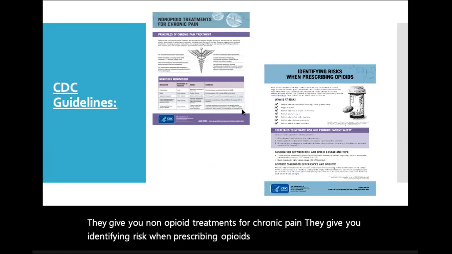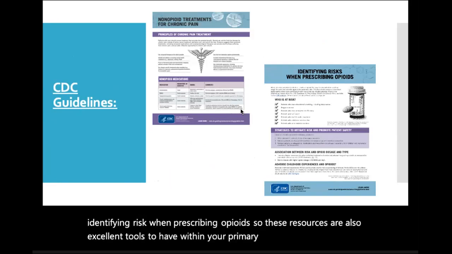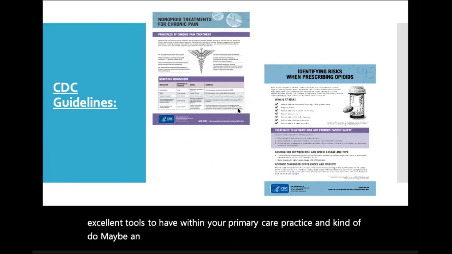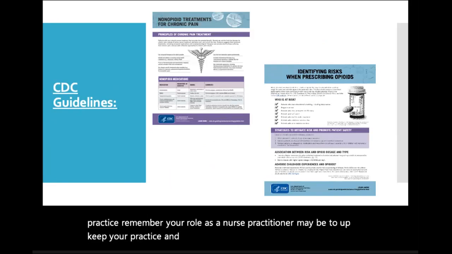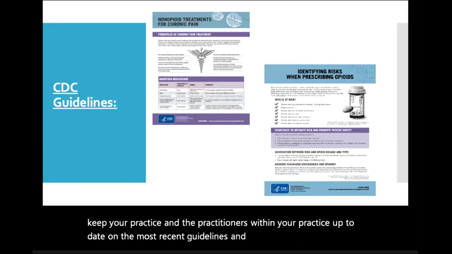So these resources are also excellent tools to have within your primary care practice, and maybe do an in-service for the staff within your practice. Remember, your role as a nurse practitioner may be to keep your practice and the practitioners within your practice up to date on the most recent guidelines and standards of practice.